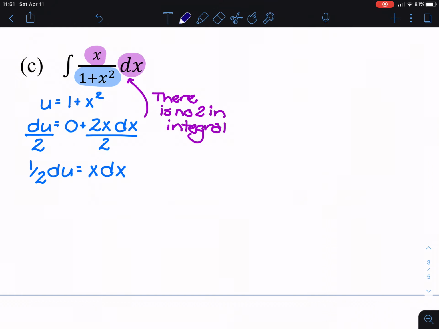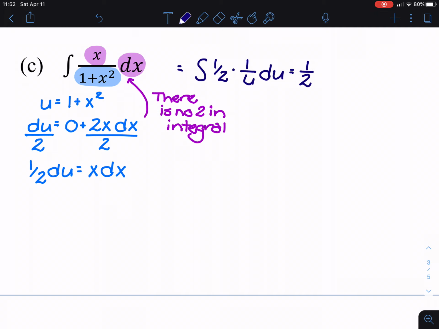So now my x dx matches with what I have inside my indefinite integral. I can rewrite this as the integral of 1/2 times 1 over u du. When I take the indefinite integral, my 1/2 is going to stay because it's just a coefficient.